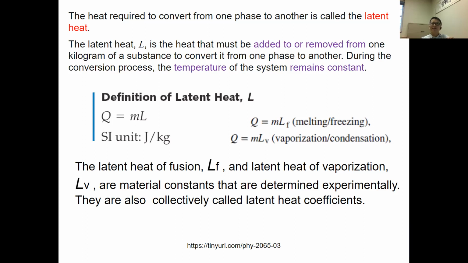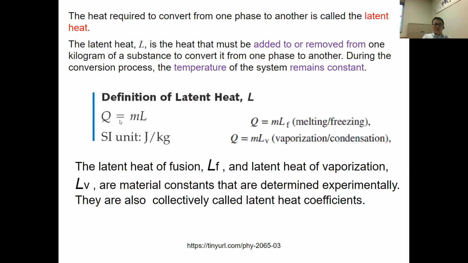On the other process, if you are removing heat from water, the water will become ice. So for the forward and reverse processes, the heat added or removed is the same.